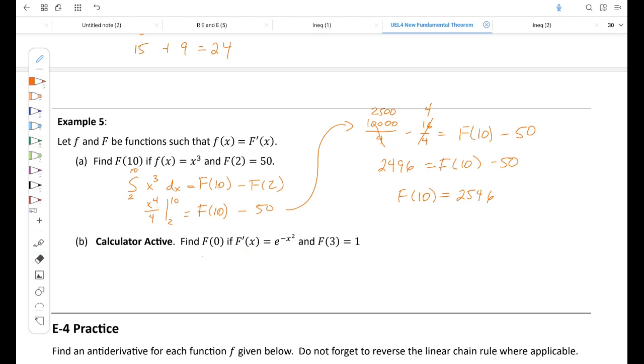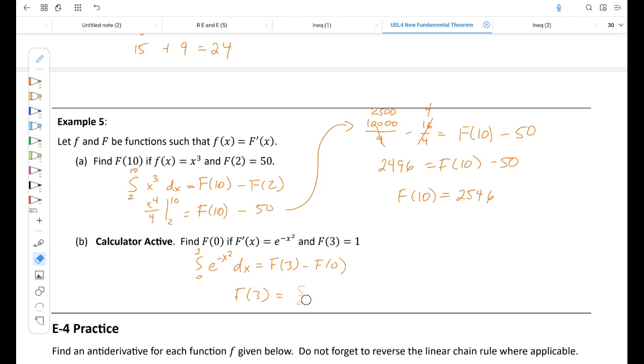So if you integrate something that is prime, the antiderivative is the function itself. So the integral from 0 to 3 of e to the negative x squared dx equals capital F of 3 minus f of 0. We want f of 3. So let's solve this equation for f of 3.